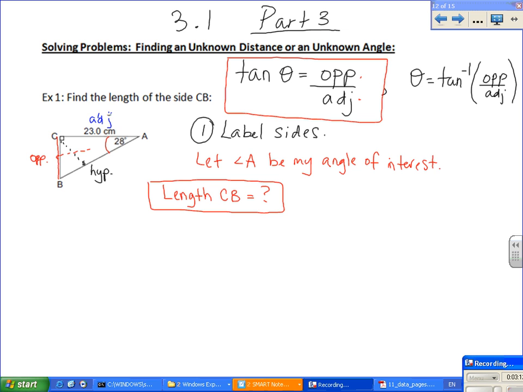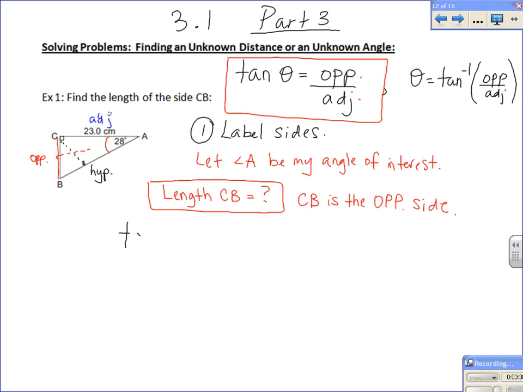And I notice that CB is the opposite side in my triangle. What I have is the angle, I have the adjacent, and I'm looking for the opposite. Let's use our tangent ratio for this.